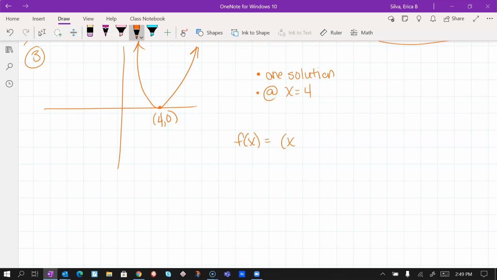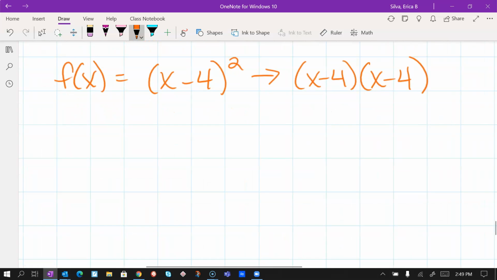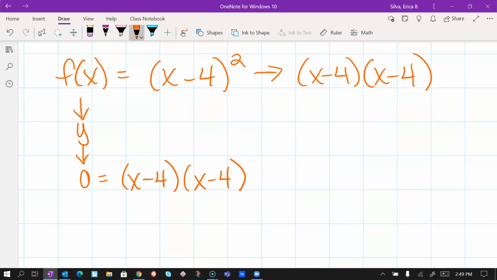So in my equation, I'm going to write x minus 4 squared. That basically means that we have x minus 4 times x minus 4. So you'll also see it this way. Now for us to solve, we need to set the equation equal to 0. So that's equal to y, which is equal to 0. And we got x minus 4, x minus 4.